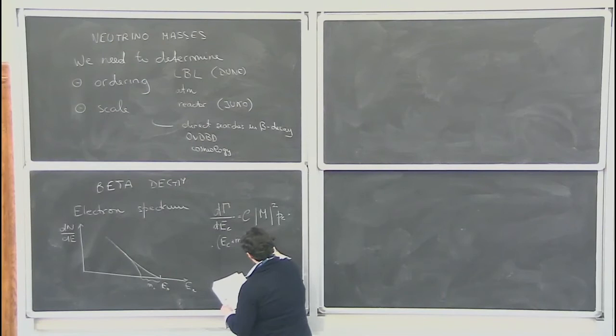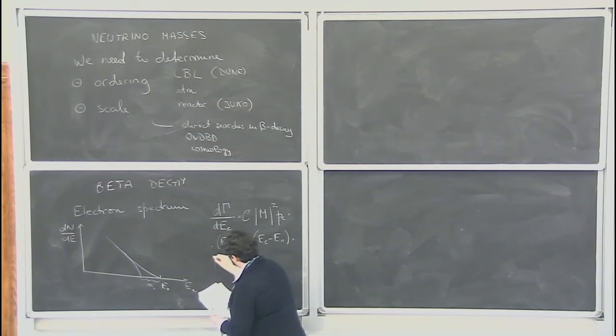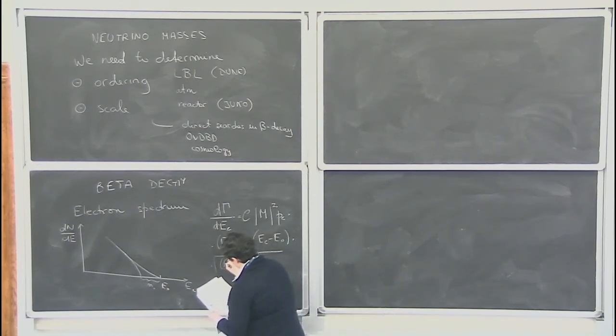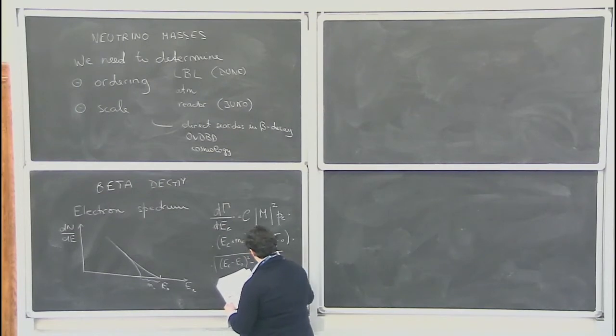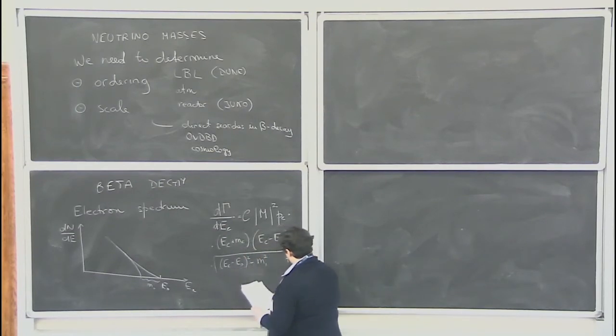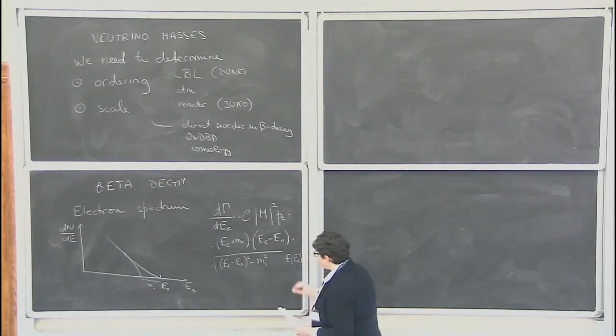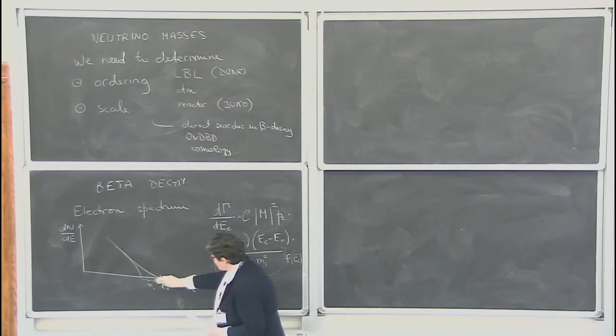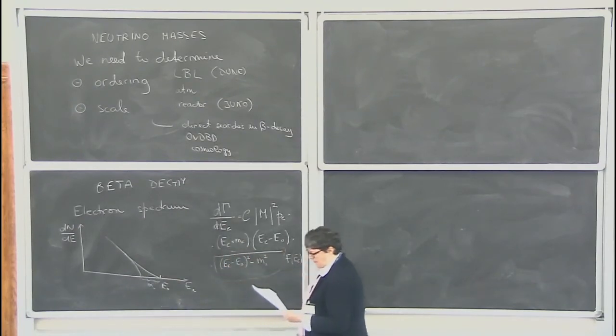Then I have the energy of the electron minus E0. And then I have the term which is relevant for neutrino masses, which is the square root of (E_e minus E0) squared minus m_i squared. And then there is a Coulomb term. This is the term which is important, and this is the term which is responsible for this deformation right at the end.